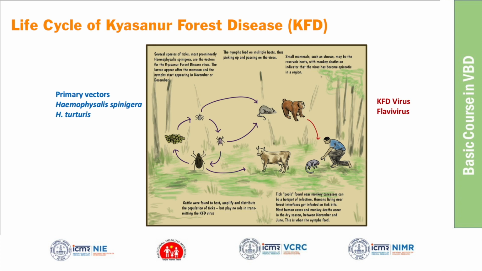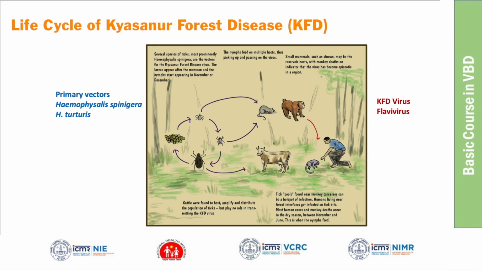And then when the infection occurs, monkeys can die due to KFD, and the nymph ticks on these monkeys would leave the monkey and can cause infection in humans who come in close contact with the monkey, or who visit the forest for forest produce or for cattle grazing, and they would also get infected, and some of whom would die.